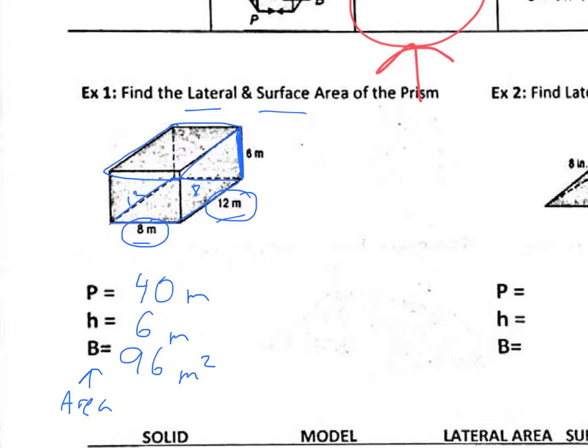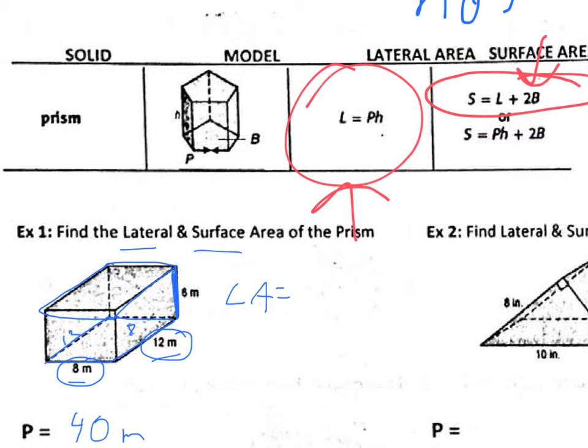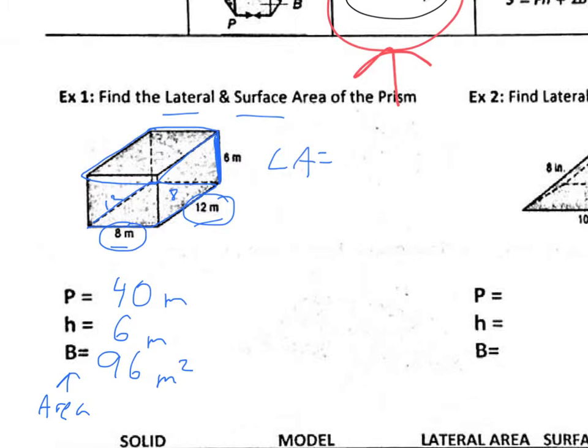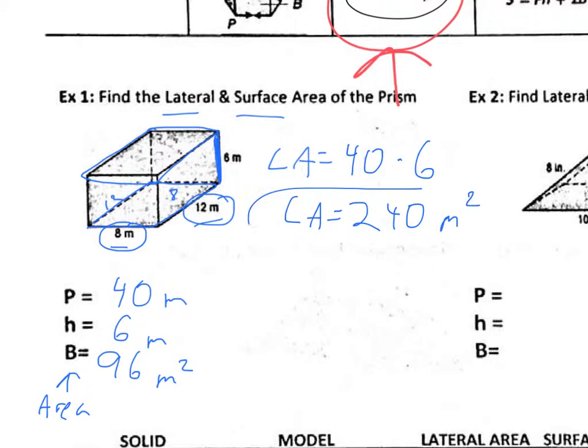So now, for lateral area, remember the formula was perimeter times the height. Well, the perimeter we found was 40. The height was 6. 40 times 6 is 240. We're talking square meters because we're talking area. That's my lateral area.